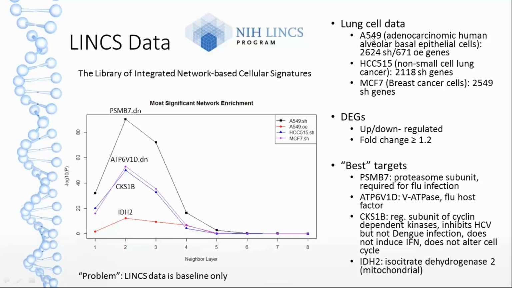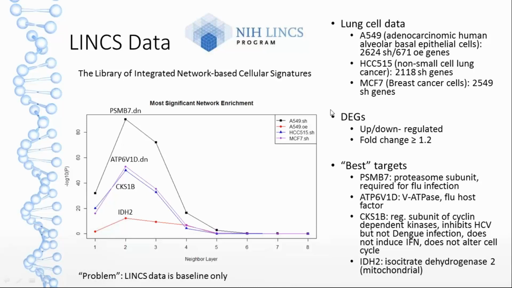At the time when we did the analysis, we found two matching LINCS data sets: A549, which is the data set that we are already using in part in our expression data from GEO, and HCC515, which is also a similar non-small cell lung cancer-based cell line.